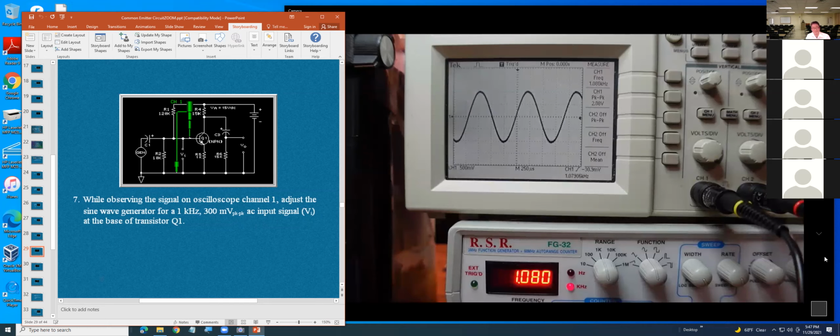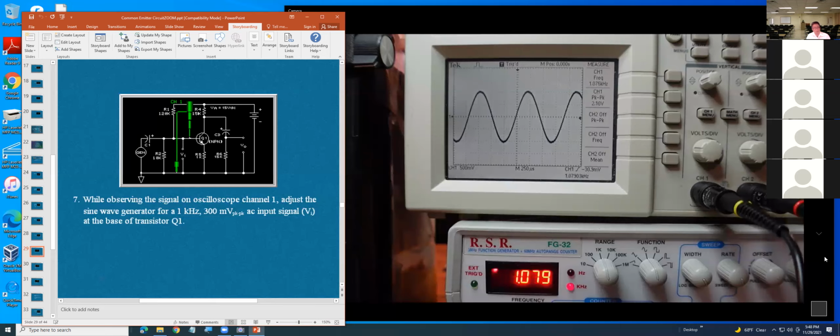You cannot get less than 2.1 volts. So if you want to go smaller, what can we do? There's an adjustment that you have to make on the generator itself. I went to the minimum and they gave me 2.1. I want smaller than that.